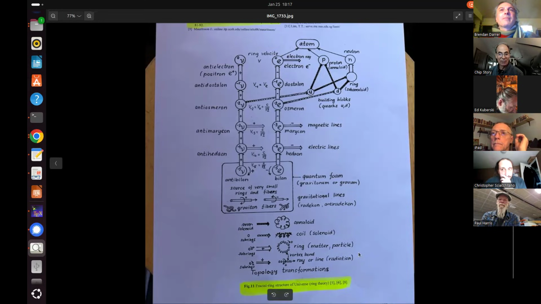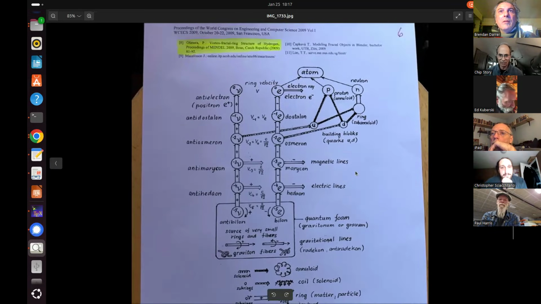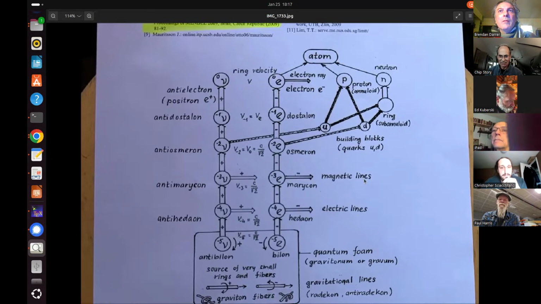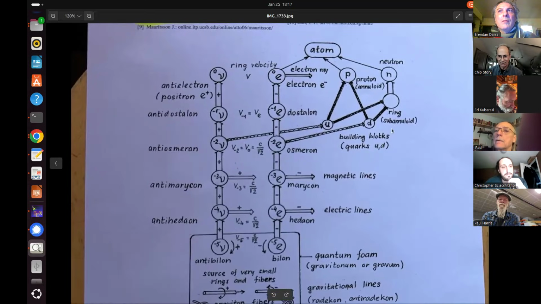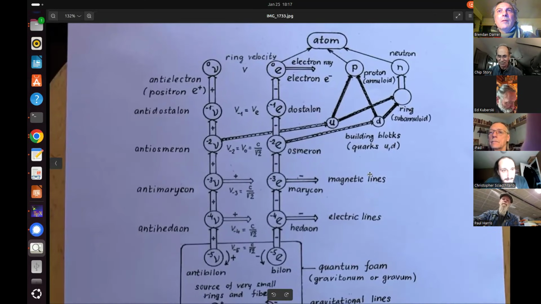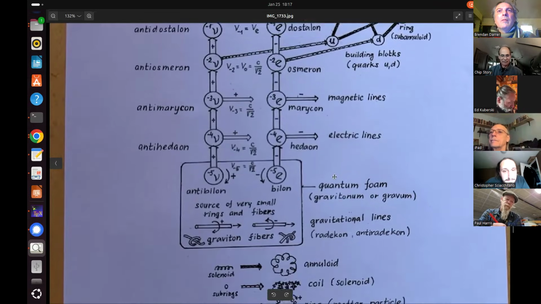Anti-billion. We have atoms populated with neutrons, protons, electrons, building blocks, quarks for each of those. Rings and subannuloid, rings and waves, magnetic lines, electric lines, quantum foam.